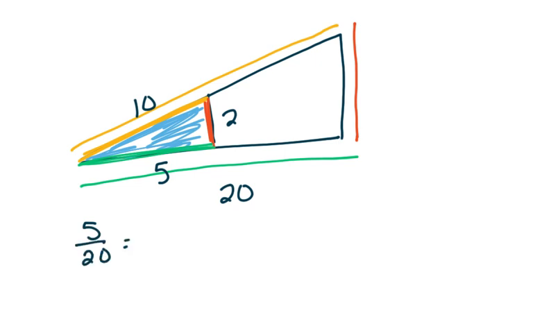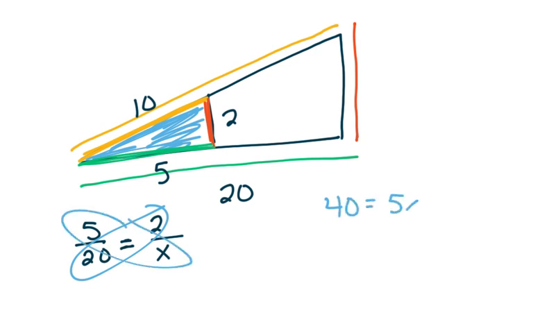And let's say that I'm trying to figure out the height of something. So in my smaller triangle, the height would be 2. In my bigger triangle, the height would be x, because that's the thing I don't know. So in this case, we are going to go ahead and do our cross multiply. So 2 times 20 gives me 40. And then 5 times x gives me 5x.